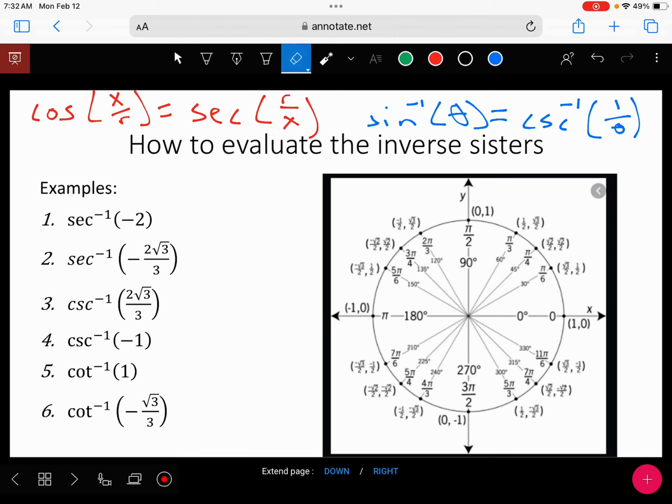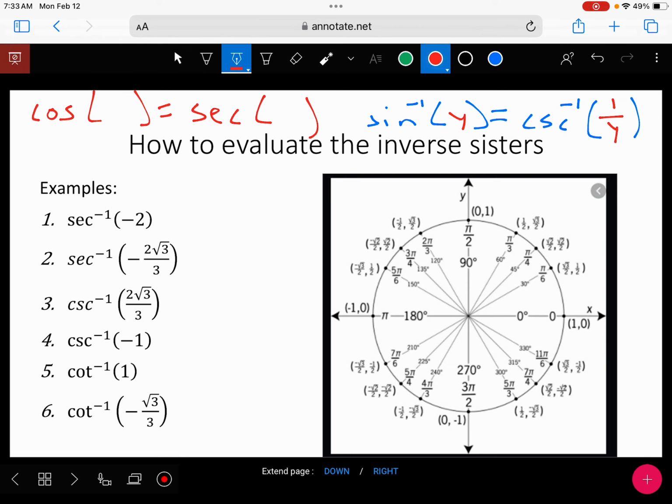All right, real quick, if you wrote this down, I need to make a little correction. What's inside our inverses are coordinates.